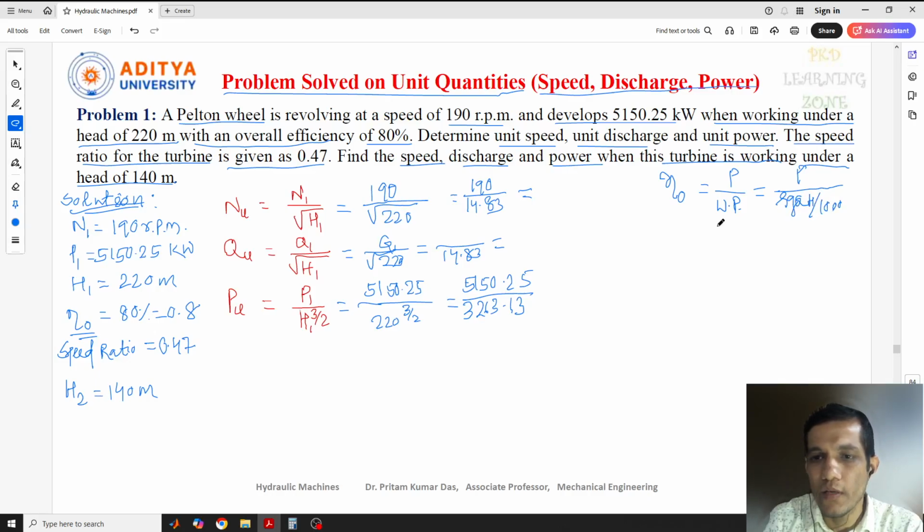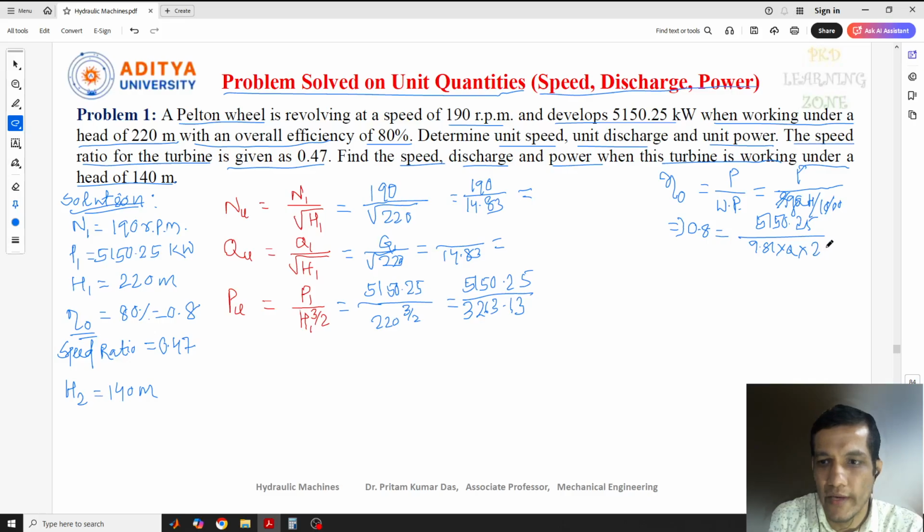Now in this equation, the overall efficiency is given as 0.8. Just put this value. Power is given as 5150.25. Similarly, rho 1000 and this 1000 cancel. Then we can write 9.81, this is the Q value, and H is given as 220. So here we can calculate the value of Q.